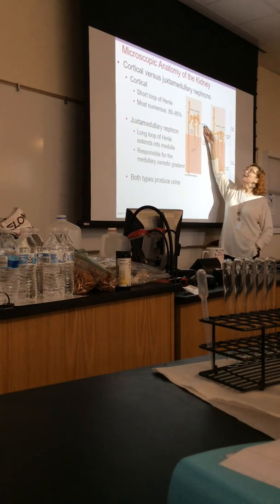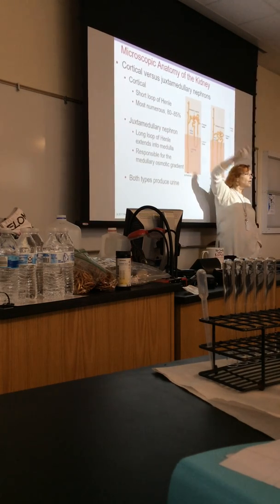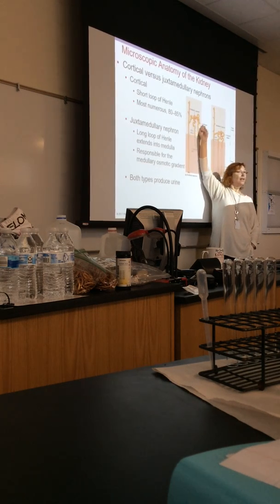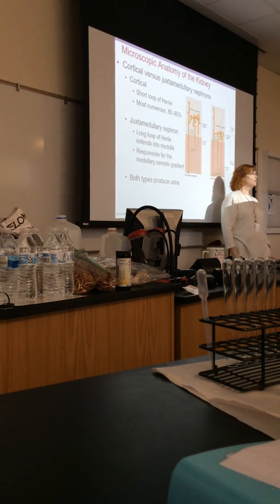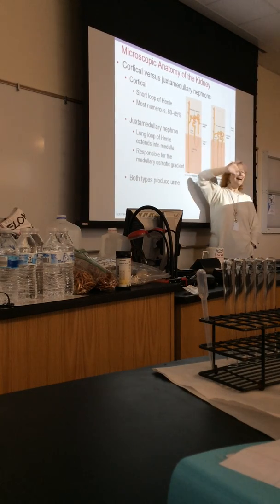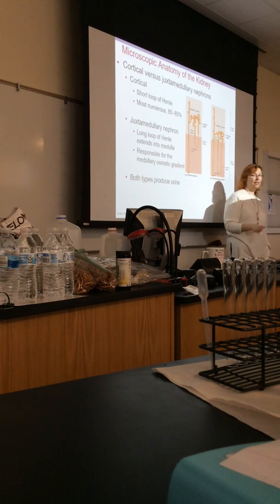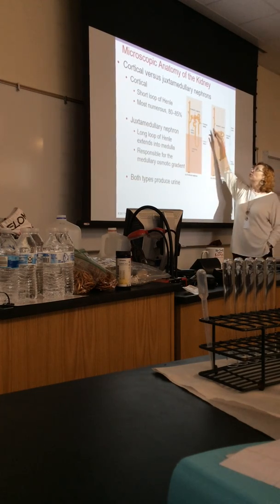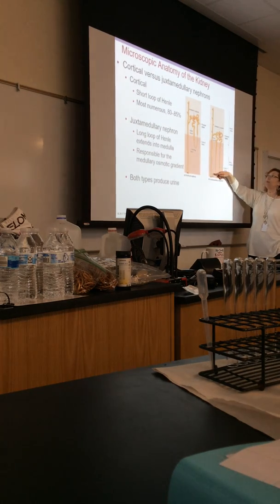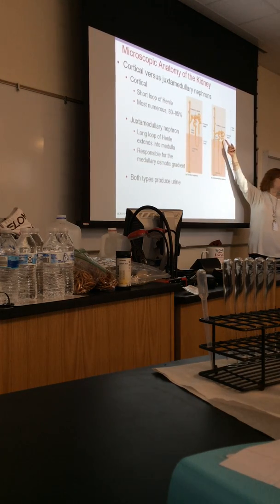What does that mean? It means the primary work of cortical nephrons occurs up here in the proximal and distal convoluted tubules. And that's involved in ion balances. The juxtamedullary nephron, first, notice how big the loop is. Okay?